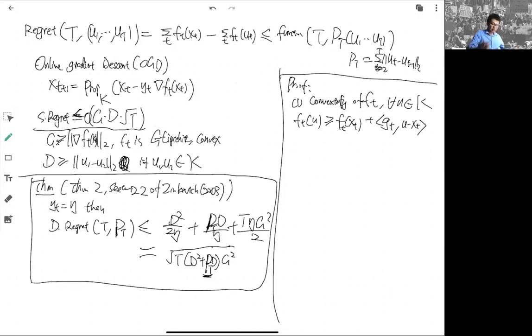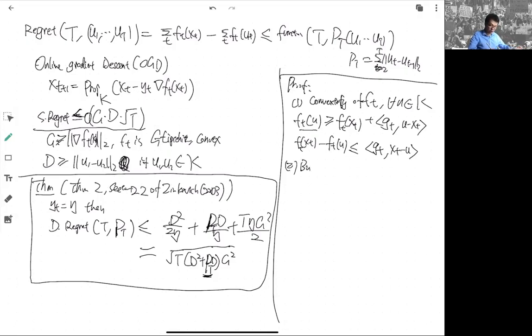If you just move things around, you end up getting a per step regret bound: move this to the right hand side and all the other things to the left, and you get gt times xt minus u. This is the first thing that we're going to be using, by simply applying the definition of convexity.